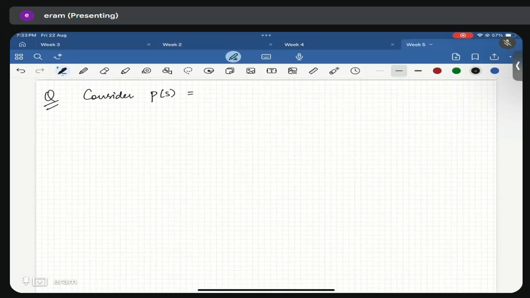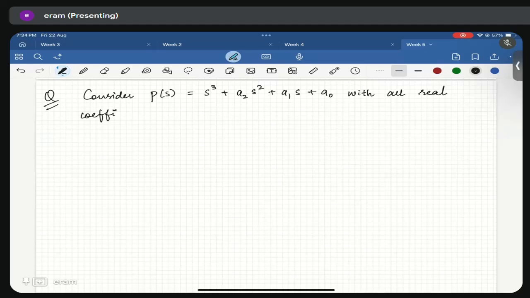Consider the polynomial s cube plus a2 s square plus a1 s plus a naught, with all real coefficients.